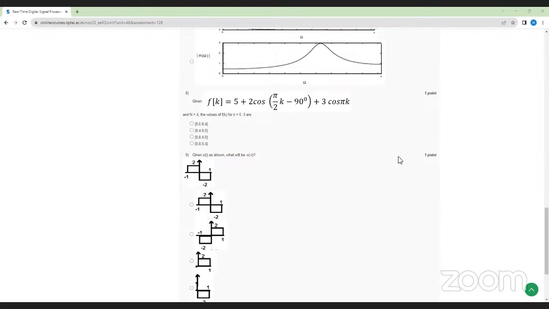Any further query, Miss Abhilasha? I thought it is 0 to 3, sorry.